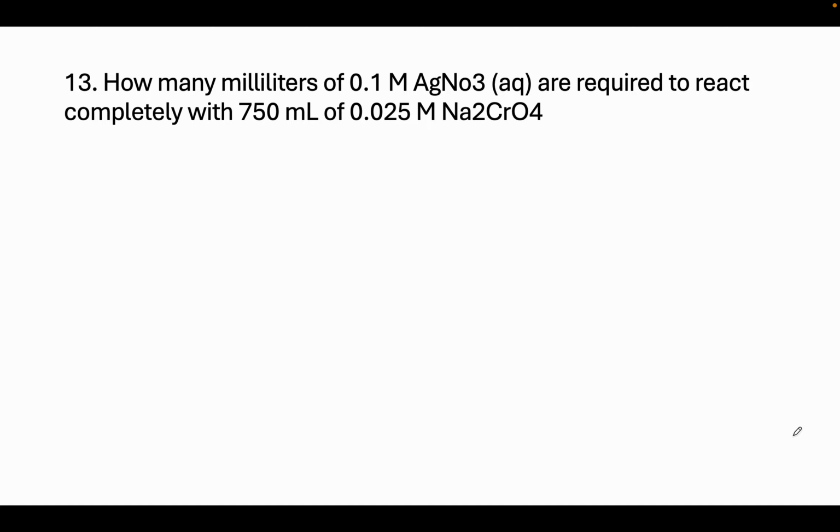Now, to make a ratio, we have to know the balanced chemical reaction. 2AgNO3 plus Na2CrO4 reacts, and we get Ag2CrO4 plus 2NaNO3.